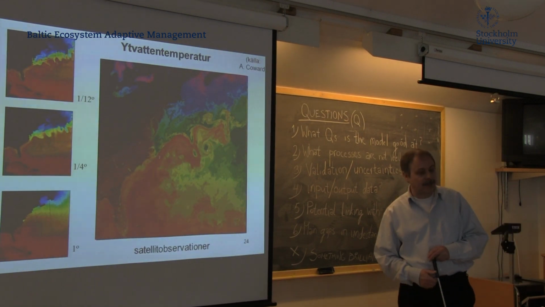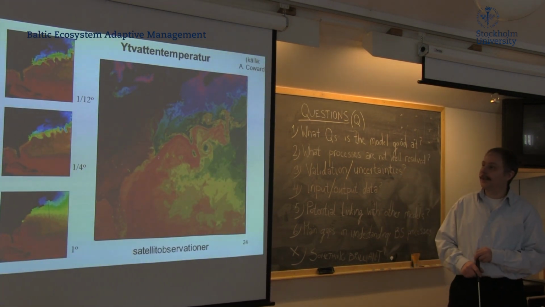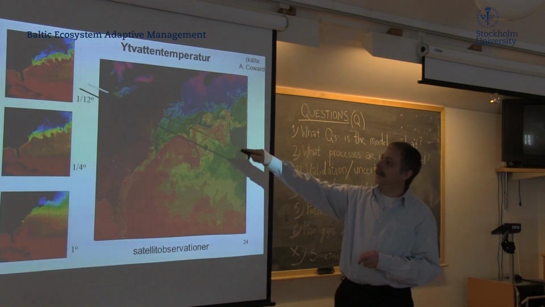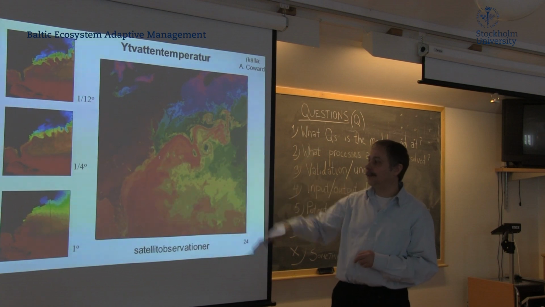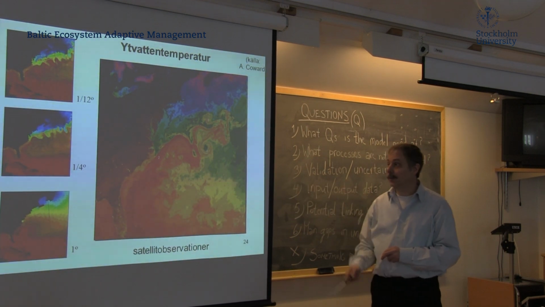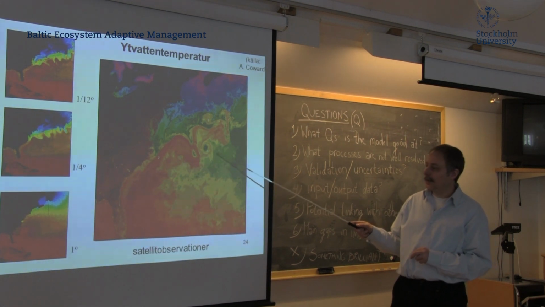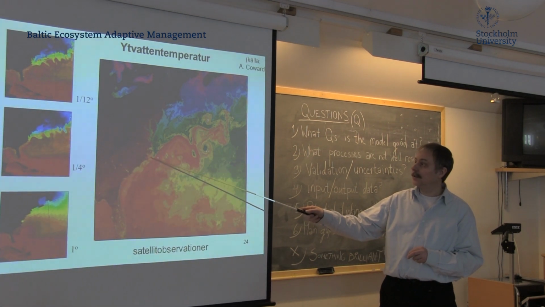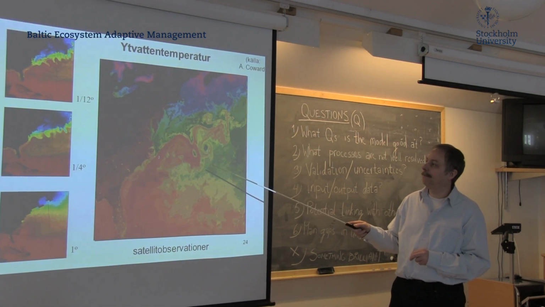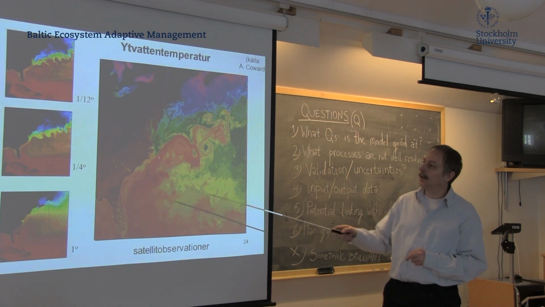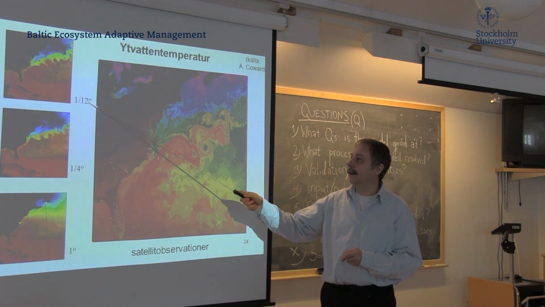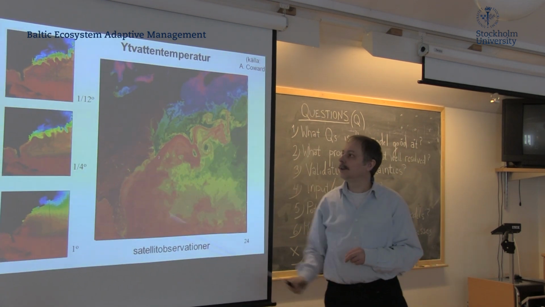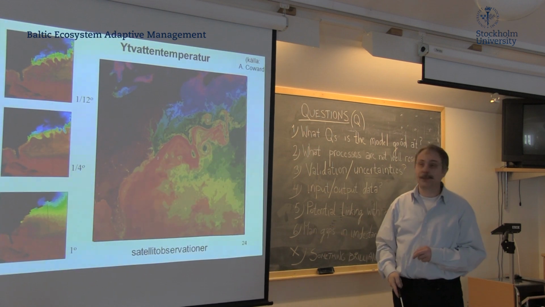And what that means really in terms of how to represent eddies, you can see here on these three panels where different resolutions of that model have been used. To the right, that's the reality from satellite observation. It's actually the Gulf Stream separation at Cape Hatteras, where you have a lot of eddy activity in the ocean. And with the 0.1-degree ocean model, you do a pretty good job, at least qualitatively. This kind of variability looks like the observed one.